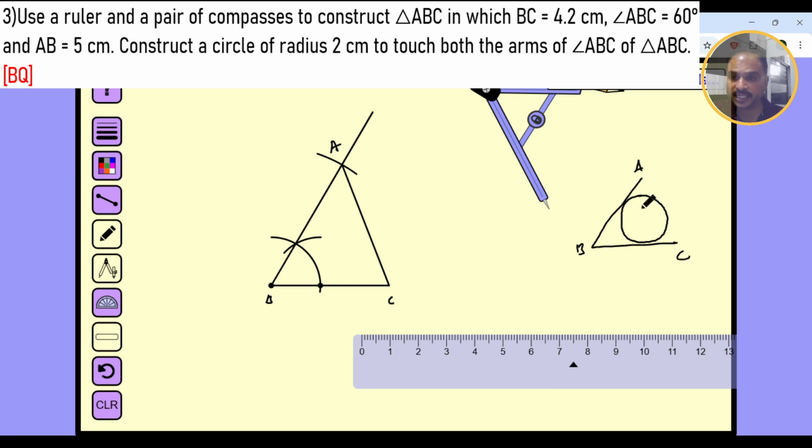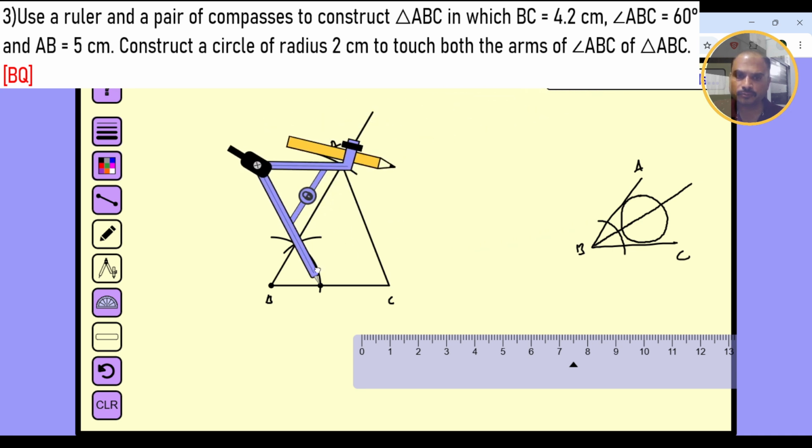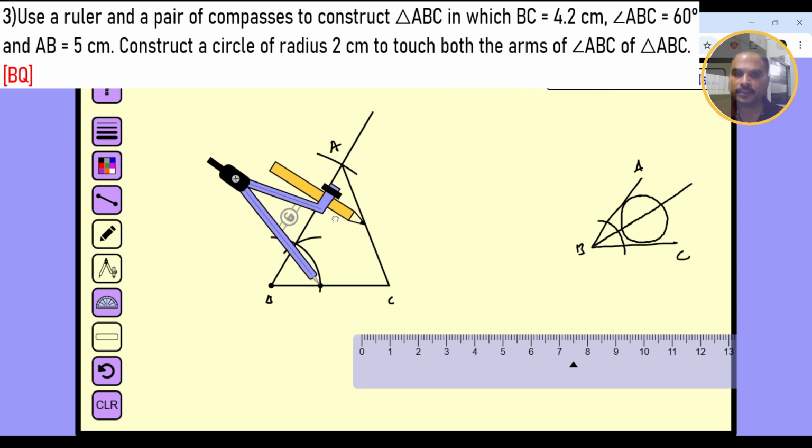So means what? Radius of the circle should be 2 centimeter. Means what? It should be at a distance of 2 centimeter from AB and BC. Means what? It should lie on the angular bisector of angle ABC. So now I'll draw the angular bisector of angle ABC.